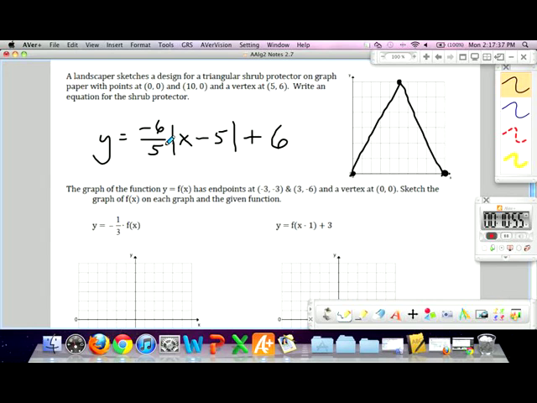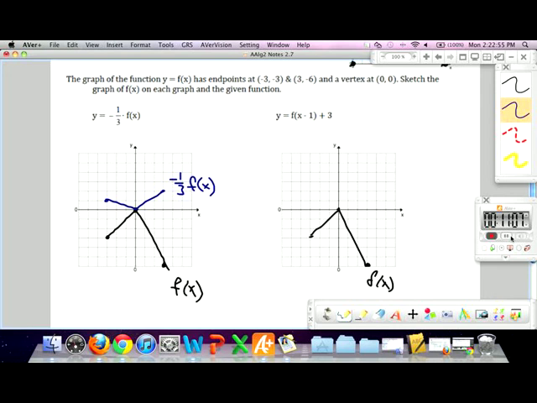Take the function and shrink it by 1/3 and reflect it. How is the second function going to change? What are the transformations going on in the second function? What's one transformation?